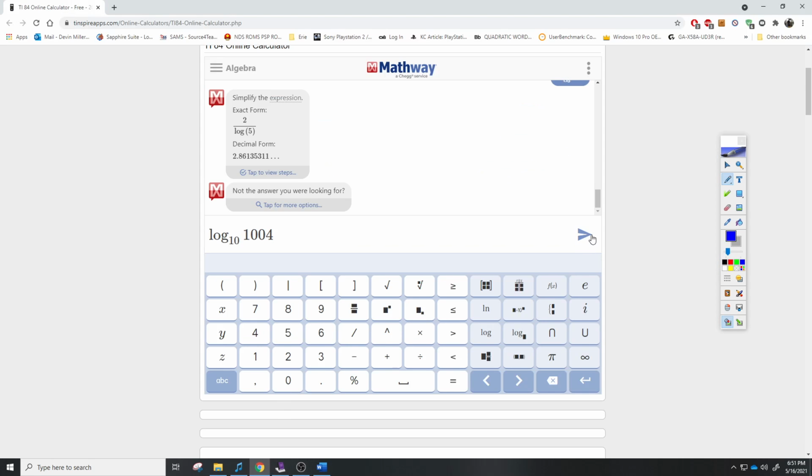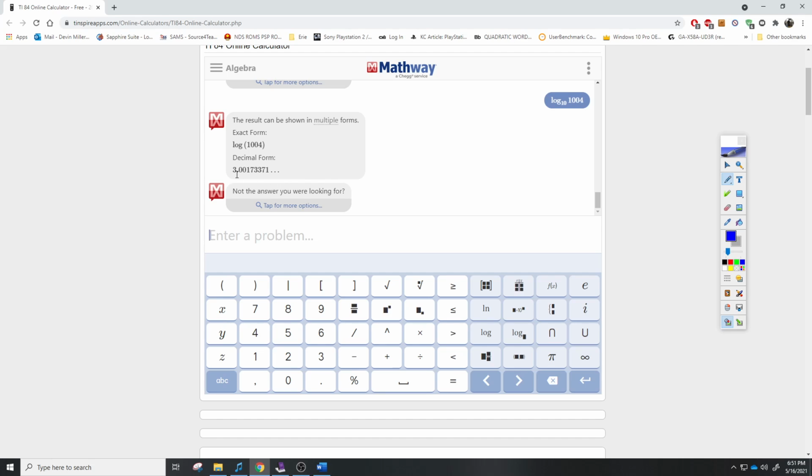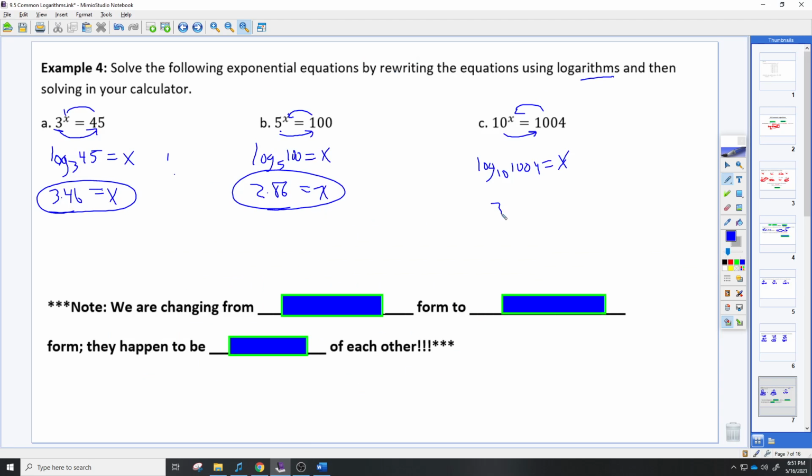Yeah. And that gives us 3.0017. So 1,004 is pretty close to 1,000. So we'll do 0.0017. I'll go that far out, because we know it's not exactly 3.0, so I'll go out to a couple decimal places there.